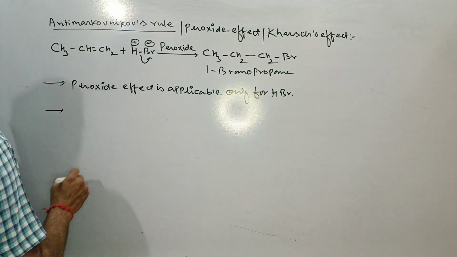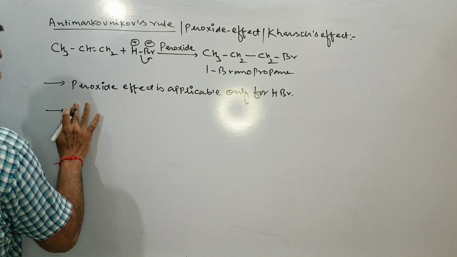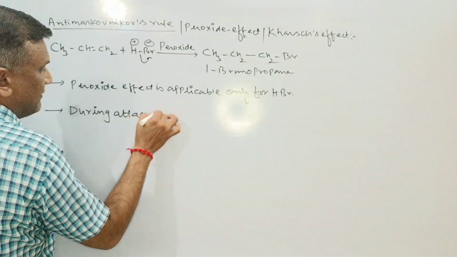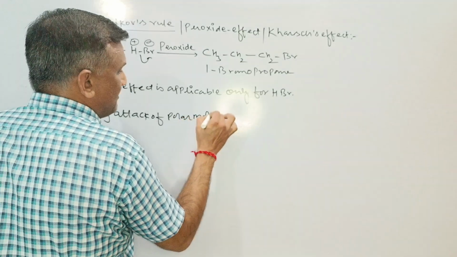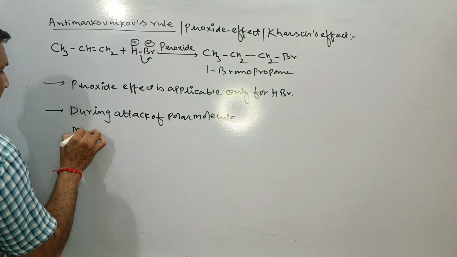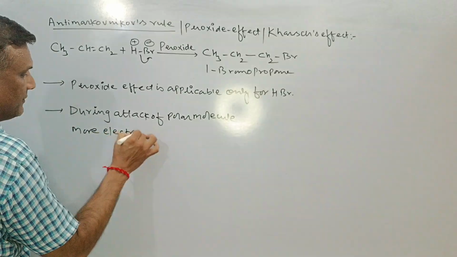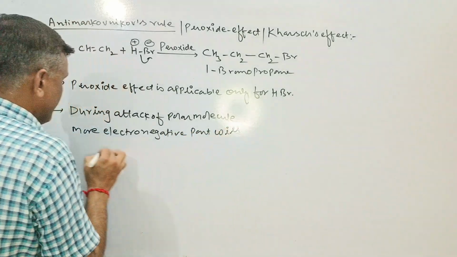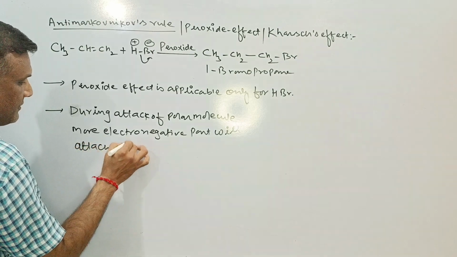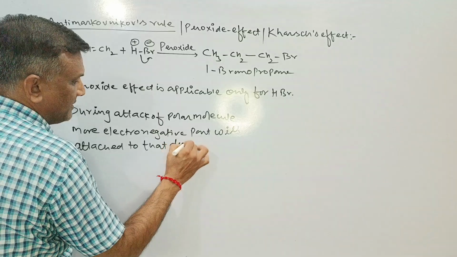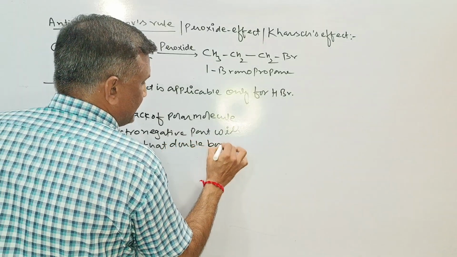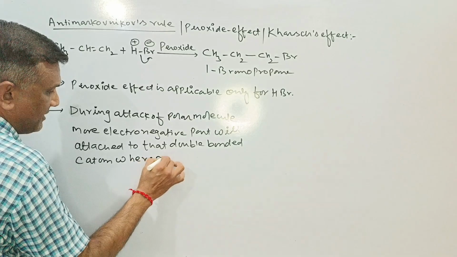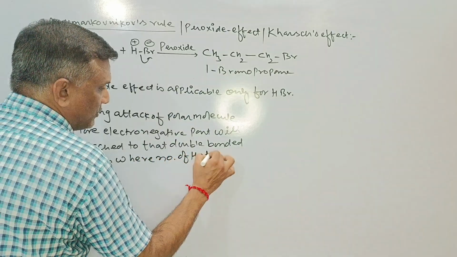And according to the anti-Markovnikov rule, during the attack of a polar molecule, the more electronegative part will attach to that double-bonded carbon atom where the number of hydrogen atoms is more.